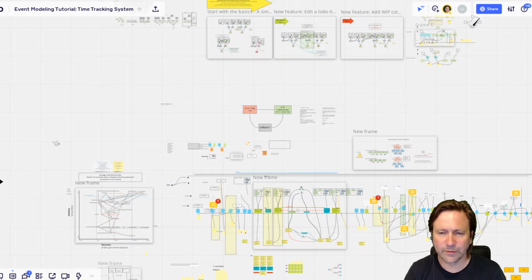Lots more people from product and from other areas were able to talk about what the existing system does and not feel unwelcome, because traditionally legacy code means that's for developer eyes only. So I was quite happy to see the amount of conversation that occurred that I don't see happening without event modeling.